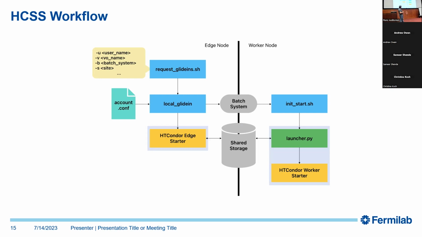The edge node will be communicating with the control pool. When you get the job, it will download the job payload on the shared storage. This script will see the job, and then it will launch a starter on the worker node as well. It will actually do the work. This starter will execute the job, and once it's done, it will save the output back in the storage system here, and it will be transferred back to the schedd.